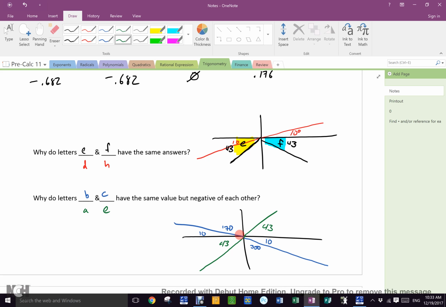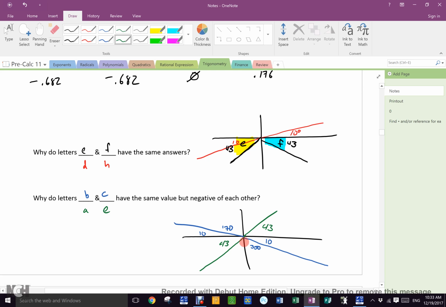Now, sometimes your calculator isn't going to do that for you. And that is when you have to know what is happening. Everybody understand? Your calculator can think between 0 and 180. It doesn't do well down here.